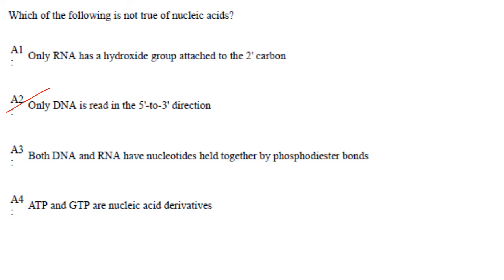So that is not correct for nucleic acids. That's your answer. Then next one also we will see: both DNA and RNA have nucleotides held together by phosphodiester bonds. That's also correct. ATP and GTP are nucleic acid derivatives. That's also correct. So the answer is option 2. Only DNA is read in the 5' to 3' direction. So that is not the correct answer.